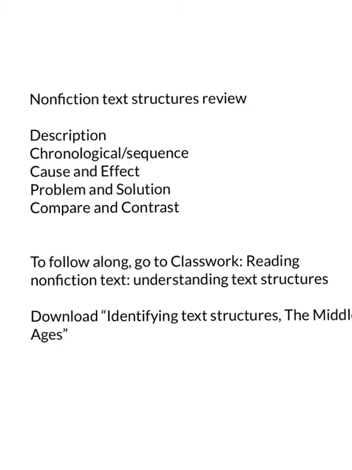On this assignment, there are several short paragraphs describing life in medieval Europe, and what we're going to do is I'm going to go through them. I'm going to be highlighting the signal words and the key ideas that will help you decide what text structure is being used.